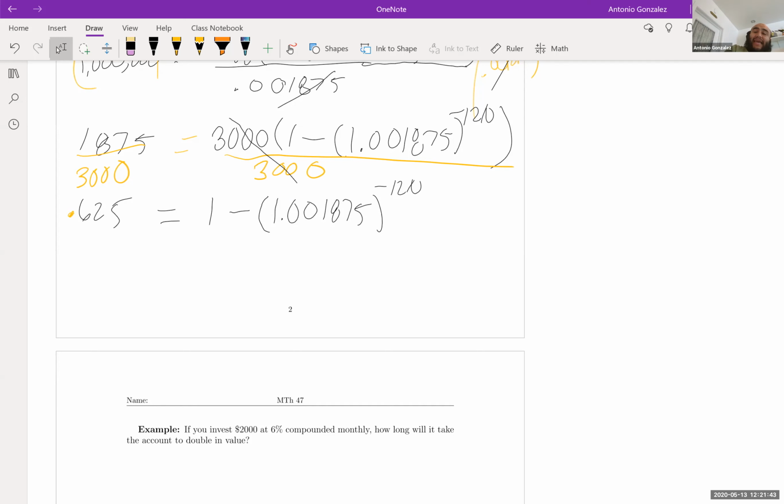And again, each step of the way, the equation is getting more simplified, getting closer and closer to our goal, which is to find the value for n. So the next thing would be, I'm going to subtract 1. So I get 0.625 minus 1, and that gives me negative.